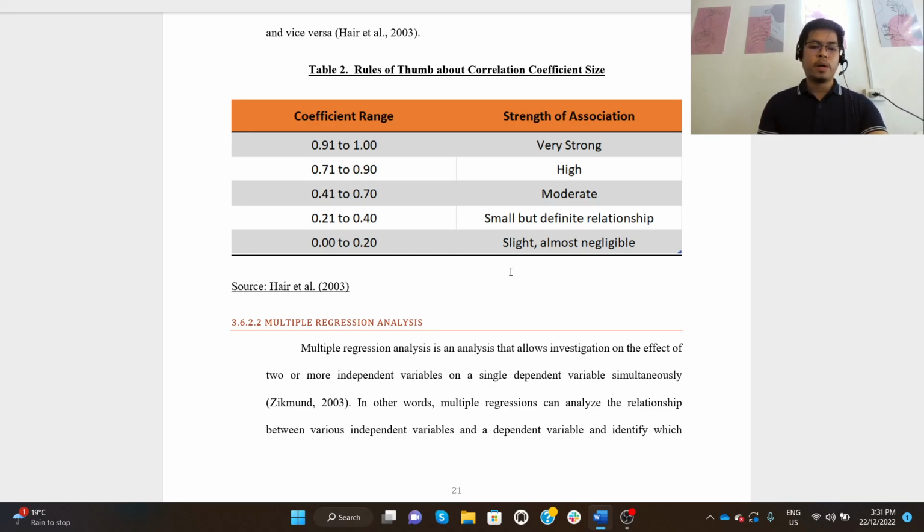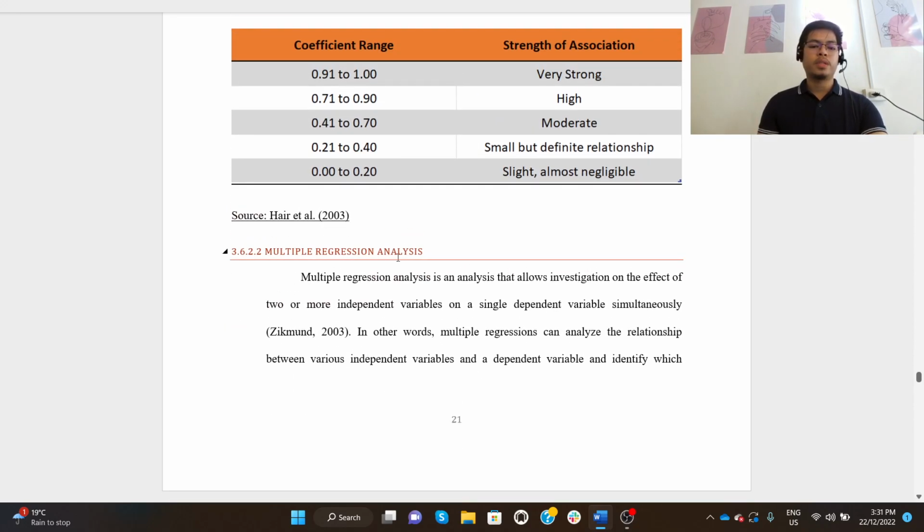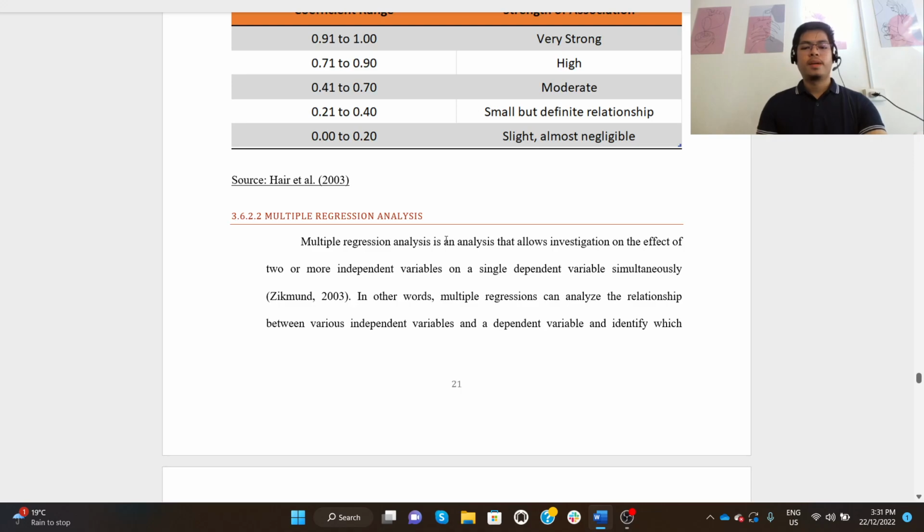From 0.41 to 0.7, moderate. 0.71 to 0.90, high association. And from 0.91 to 1, a very strong association between variables. So the source is here at 2003.